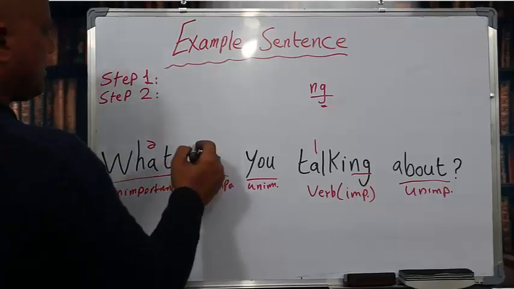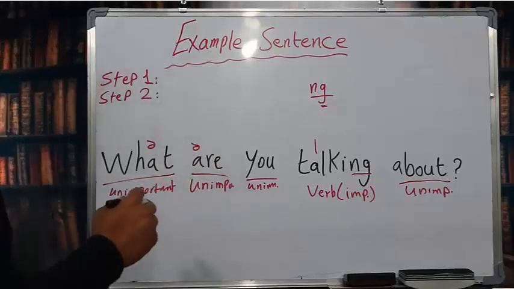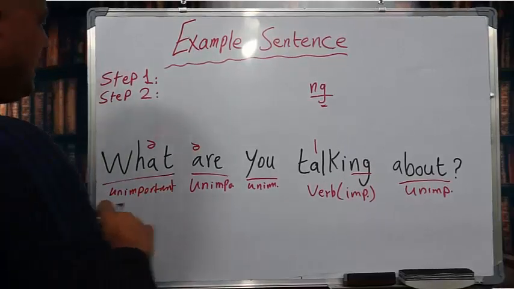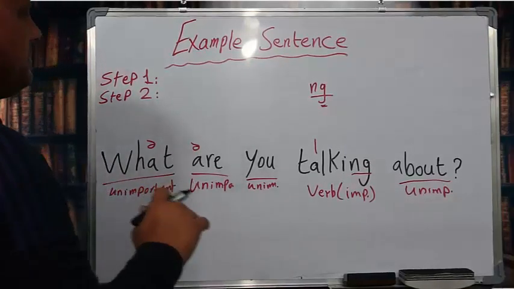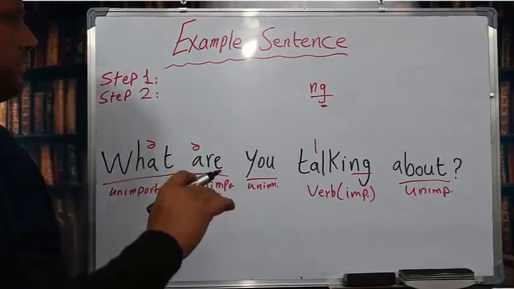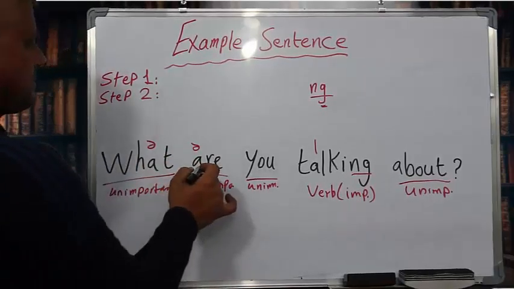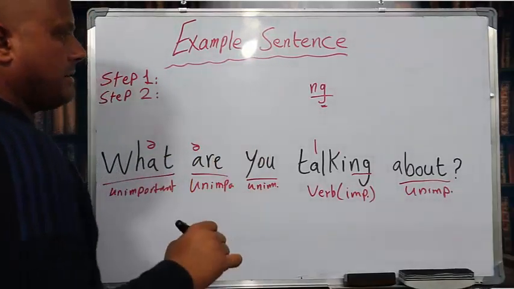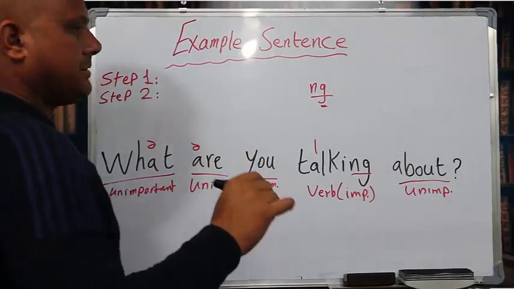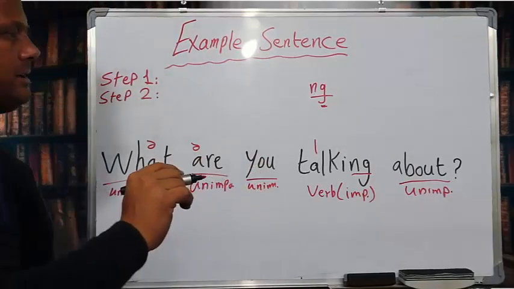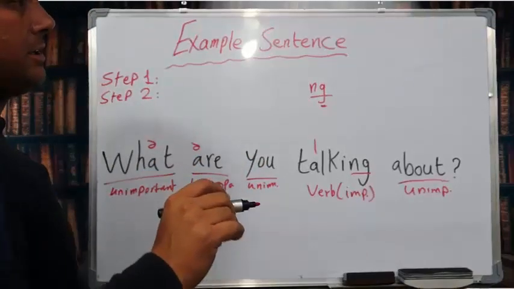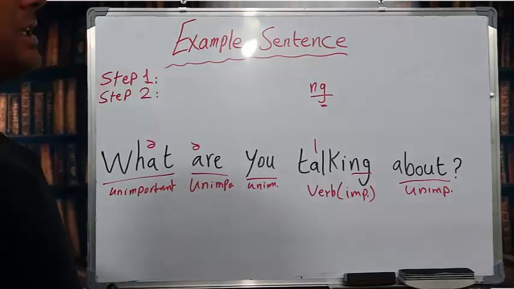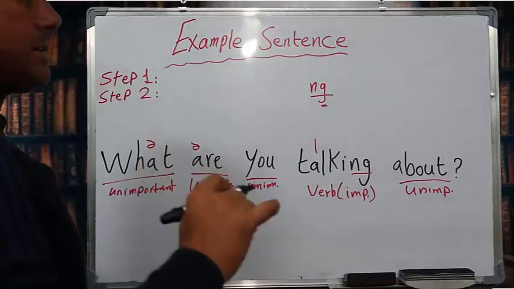R becomes schwa because the rule says you change every original sound into schwa in an unimportant word. By the way, wherever you find the letter R in American spoken English, you always pronounce it with explicit pronunciation.